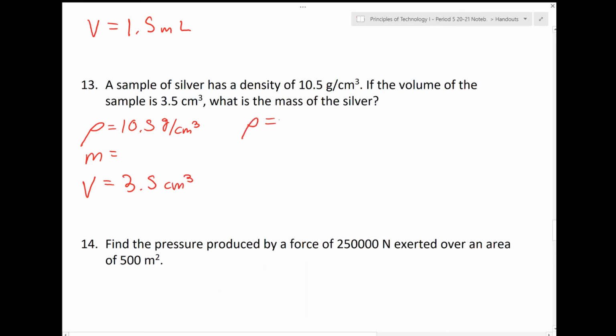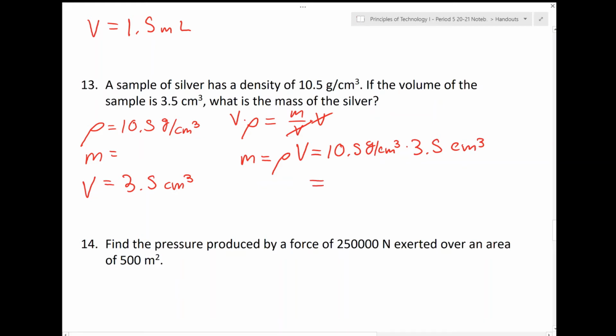Taking the equation density is equal to mass divided by volume, and solving it for mass, we do so by multiplying both sides by the volume. On the right side, the volumes cancel out, and we're left with mass is equal to density times volume. The density that we have is 10.5 grams per cubic centimeter times our volume of 3.5 cubic centimeters.